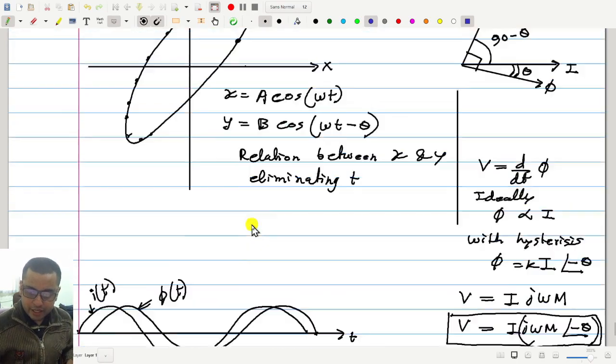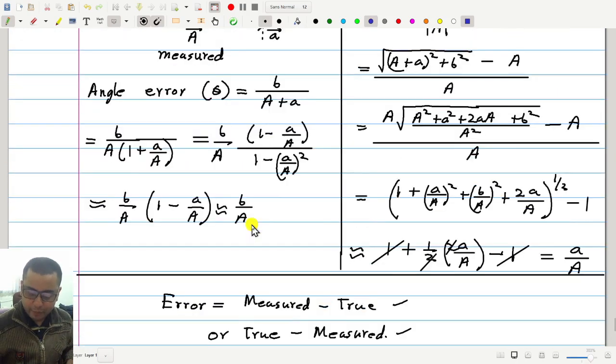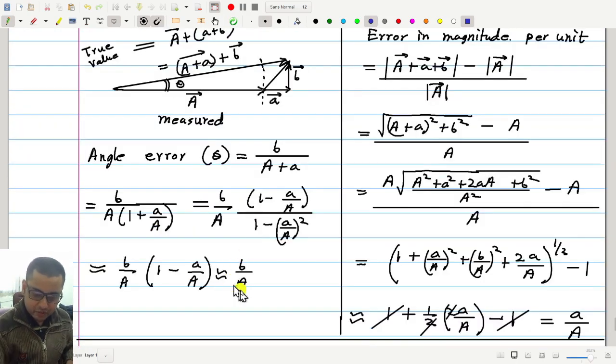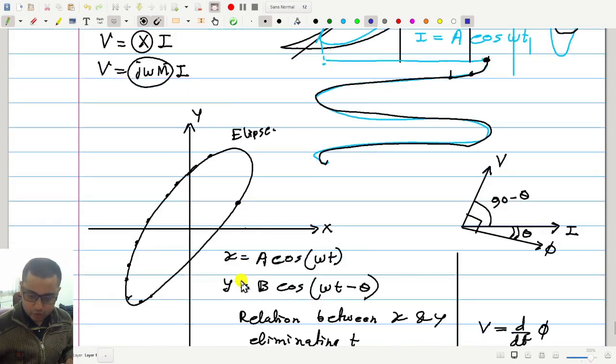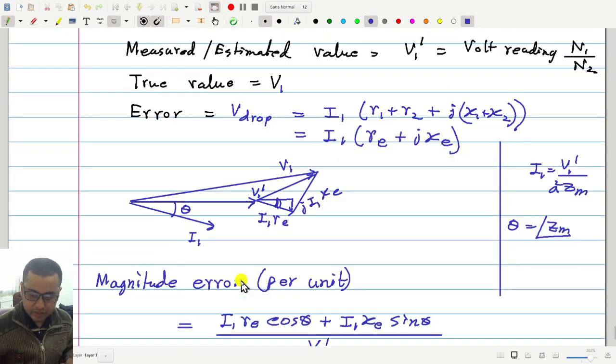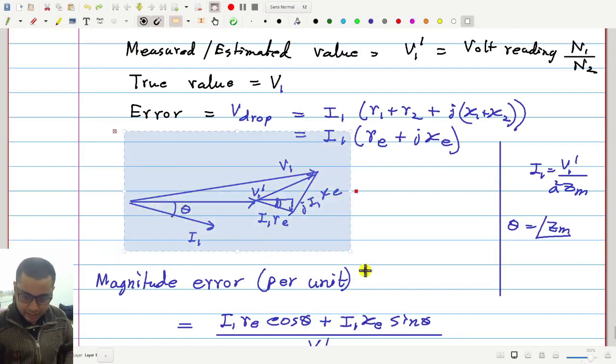Angle error, first approximately it is given by this quantity, which is the perpendicular component of the error divided by the measured quantity. Now once again let me copy this phasor diagram.